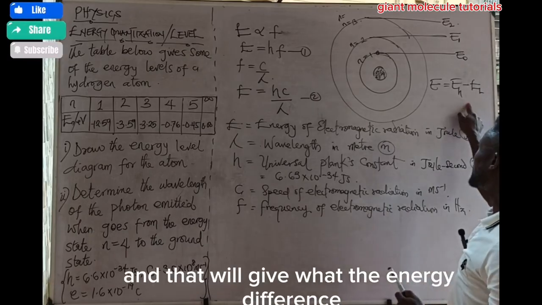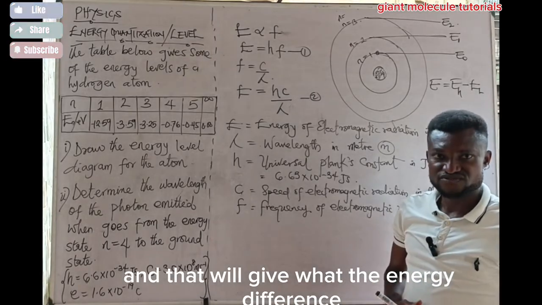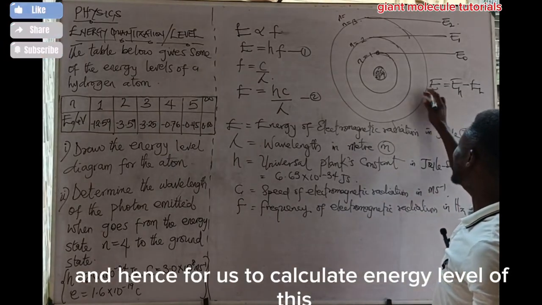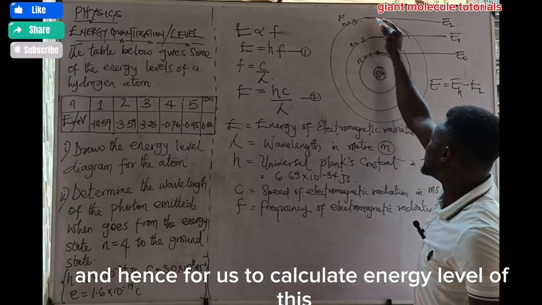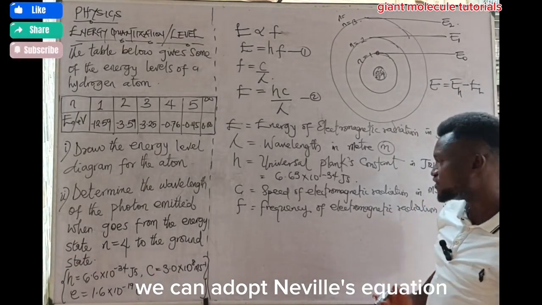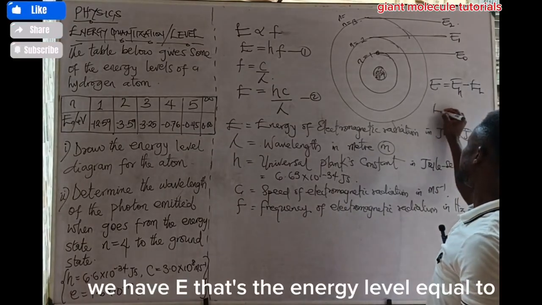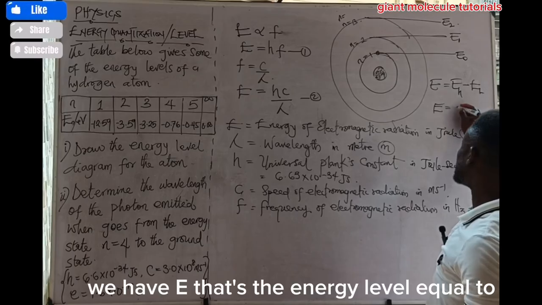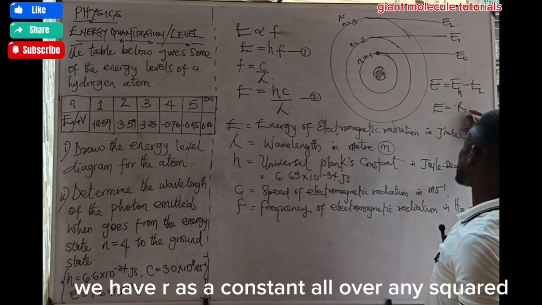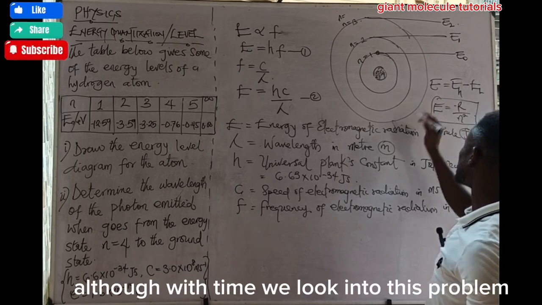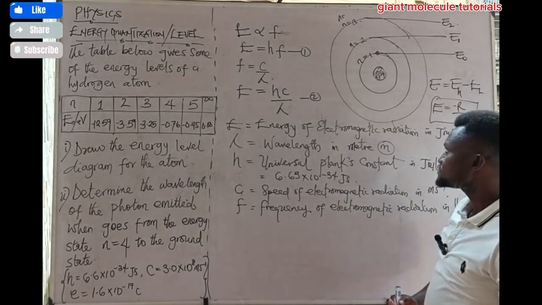And that will give what? The energy difference. And hence, for us to calculate the energy level, we can adopt Bohr's equation. We have E, that's the energy level, equal to R, a constant, over n squared. Although with time, we will look into this problem.